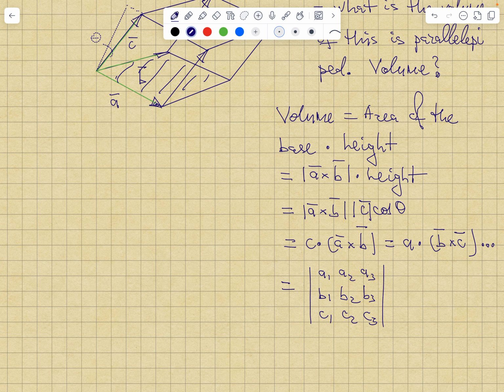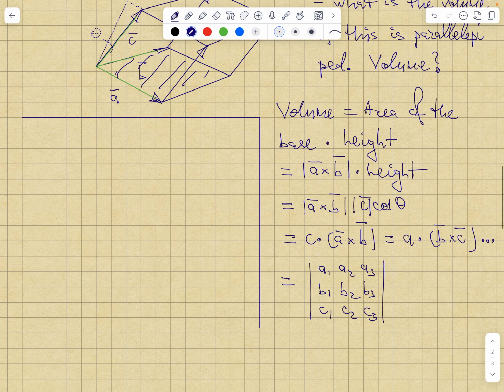And in this case, I have 3 by 3 coordinates, and so I can form a 3 by 3 matrix out of them. So as an example, let's do a specific example. Actually, a couple of specific examples.